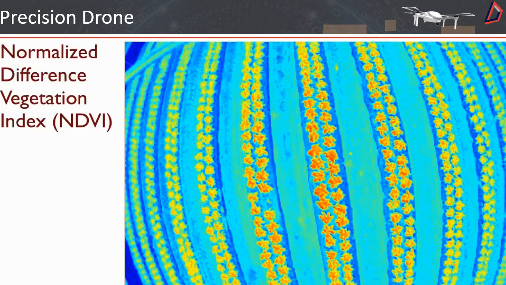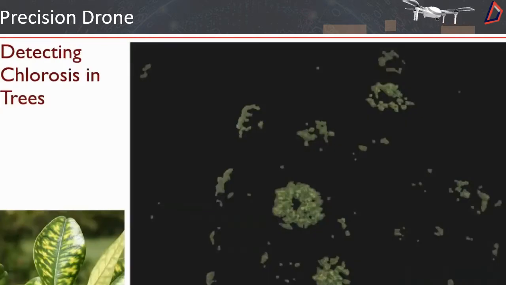The Normalized Difference Vegetation Index is one of the important things through which the farmer can identify which part of the farming area is not doing well, and they can take appropriate action accordingly.